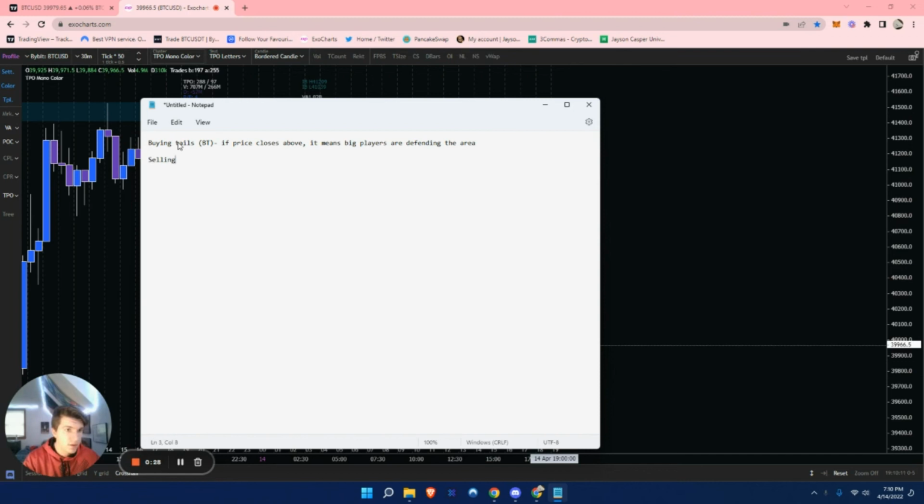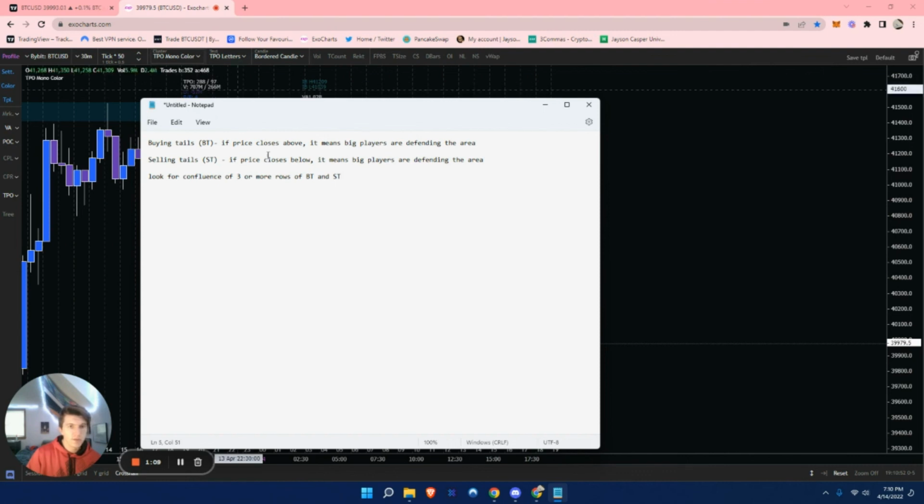And then contrary to that, selling tails: if price closes below, it means big players are defending the area. And then, as always, look for confluence of 3 or more rows of buying tails and selling tails.